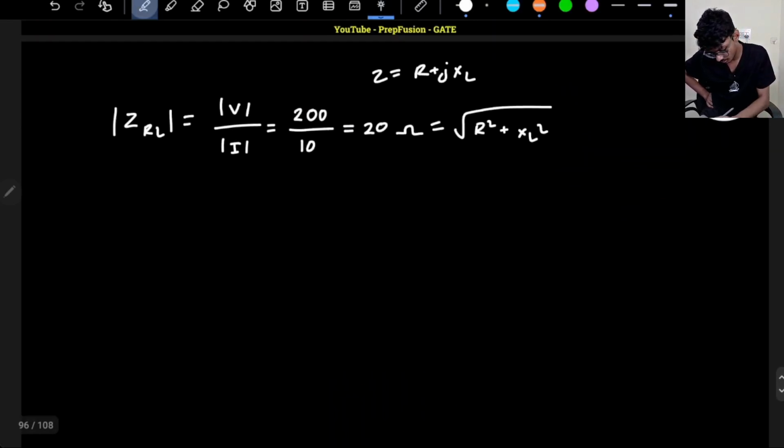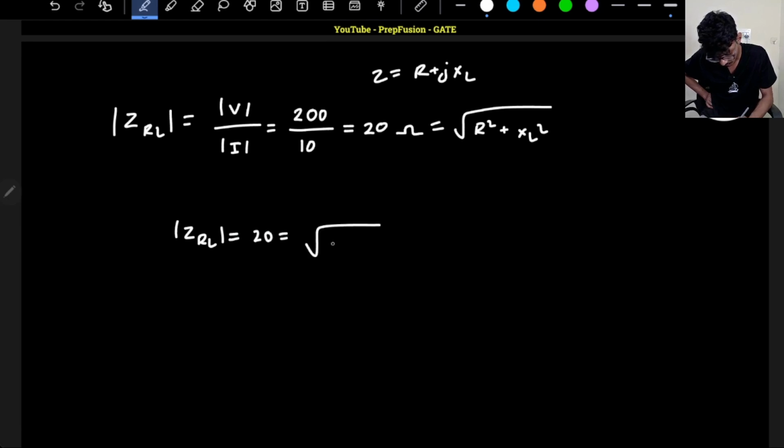So my ZRL, that is 20, equals magnitude of 9.96 whole square plus XL whole square. So it will be 20 whole square minus 9.96 whole square, whole under root, will be my XL.